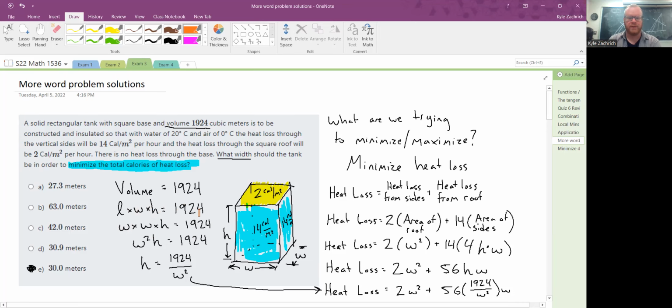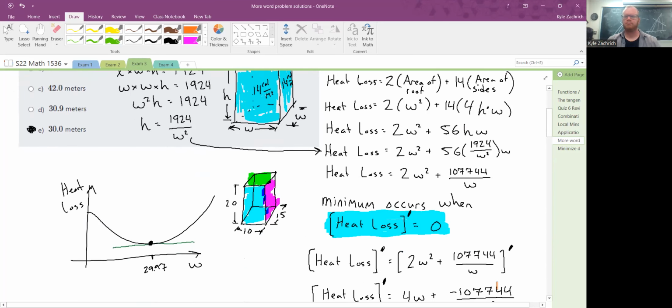Coming up with an equation for the volume, I can get rid of one of these variables. So in this case, I found an equation for H and I got rid of that H. Same thing: take a derivative, set it equal to 0, figure out where the minimum is.